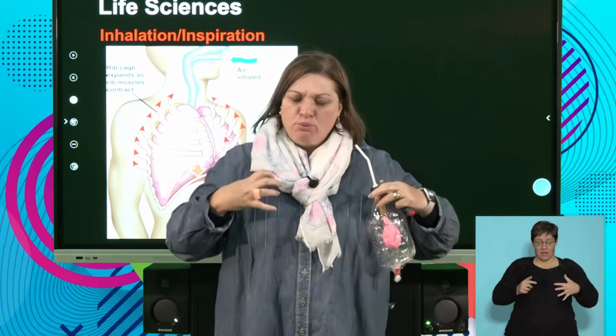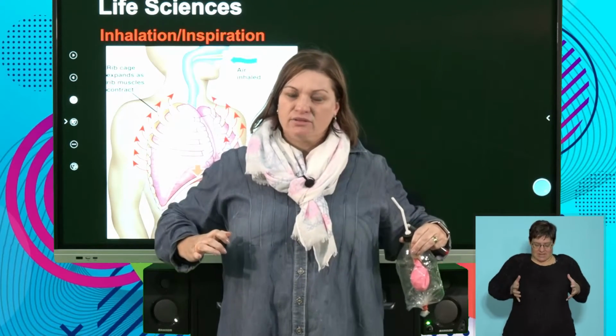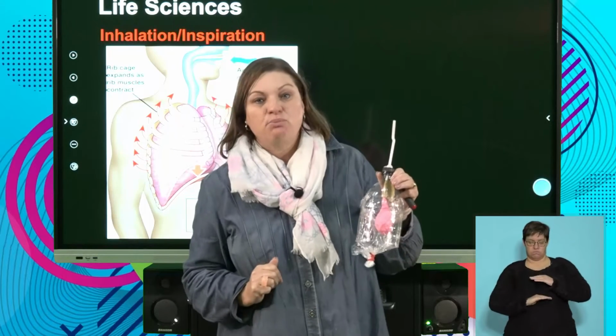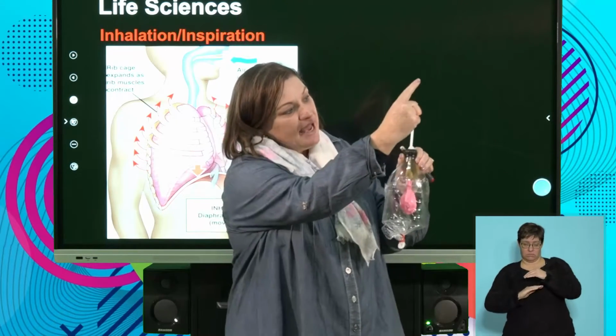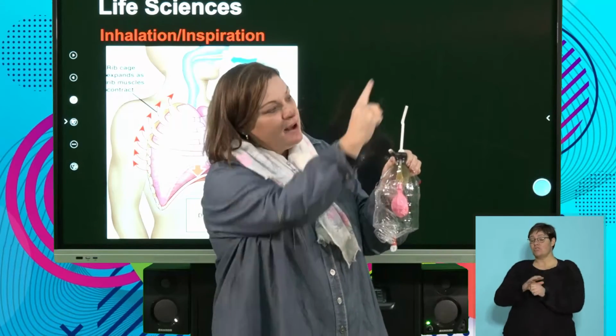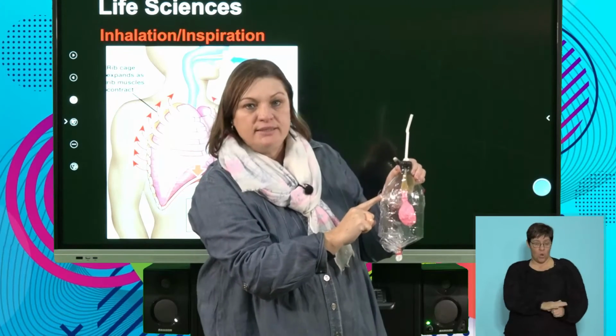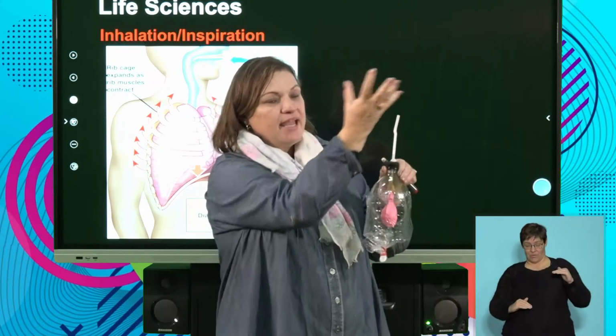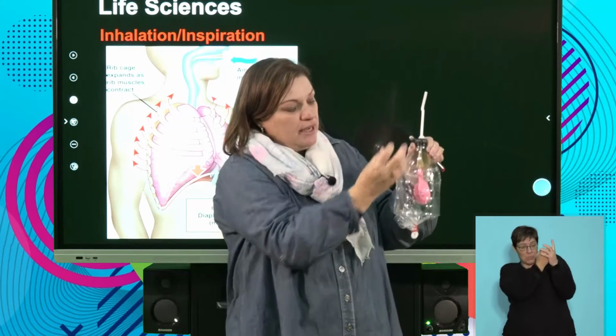When my intercostal muscles pull, my ribs go out and down. So what have I made? Space. And when I've made space, my lungs can inflate. But the most important part is I've decreased the pressure. And as soon as I have a pressure gradient, high to low, where does air move? High to low pressure. The air gets drawn in.